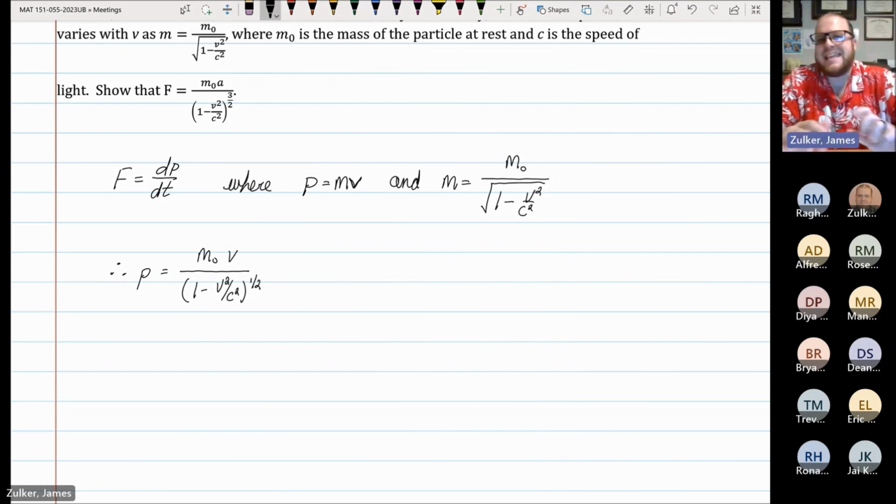Note that m naught is constant. So when you think of an object's mass, it's m naught that we're looking at. If you're told an object has a mass of 1 kilogram, that means its rest mass is 1 kilogram.